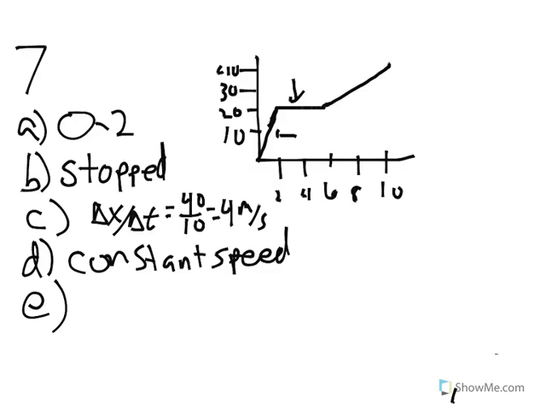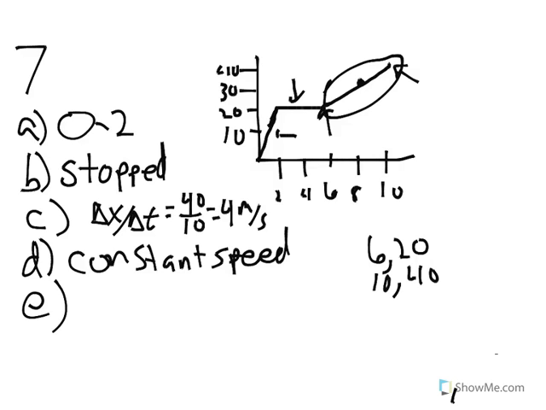And question E, how fast was the object going when the clock was reading 8 seconds? Well, that is a point on this line, so we need to find the slope of this line. We know that this point here is 6, 20, and we know that this point here is 10, 40.